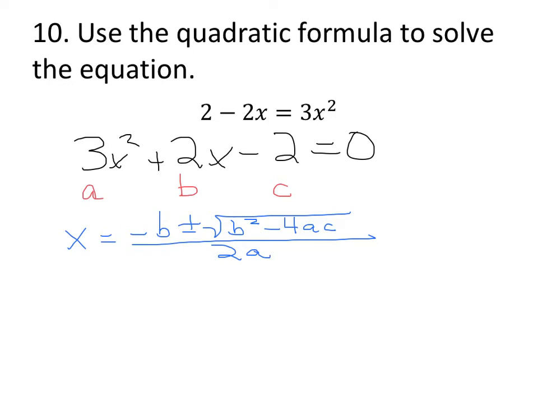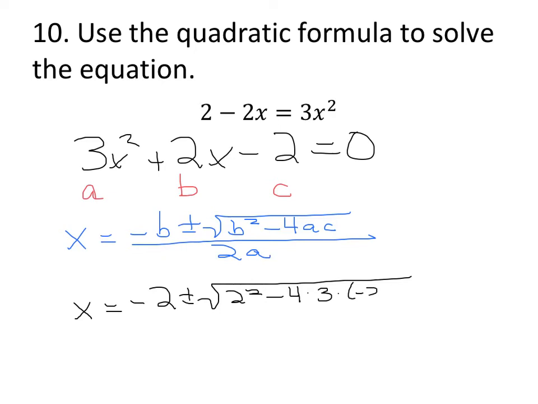So let's go ahead and do that. We have x equals negative 2 plus or minus the square root of 2 squared minus 4 times 3 times negative 2, all of that over 2 times 3.